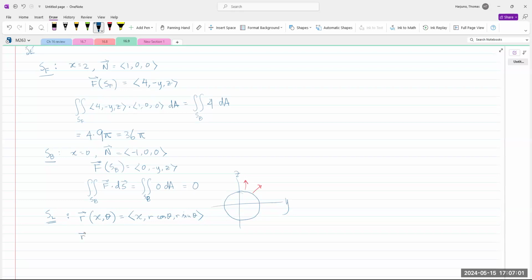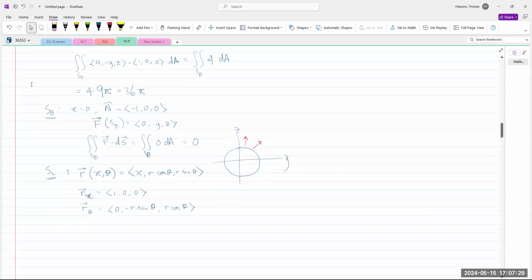So r sub x will be 1, 0, 0, and r sub theta will be 0, negative r sine theta, r cosine theta, whose cross product is 0, r cosine theta, negative r cosine theta, negative r sine theta.